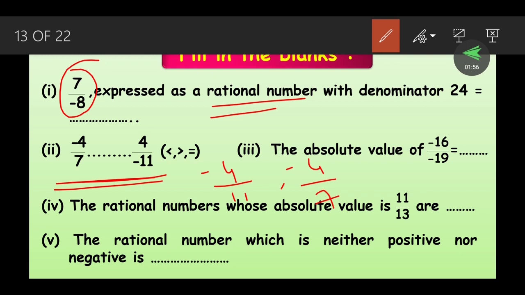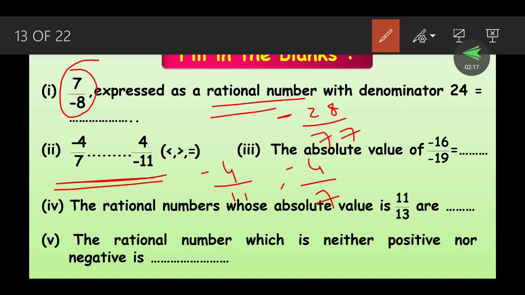For comparing, what we need? We need same denominator. So 11 and 7, LCM how much? 77. We have to multiply with 11 here. So it will become 4 7s are... what it will become? 28 by 77.